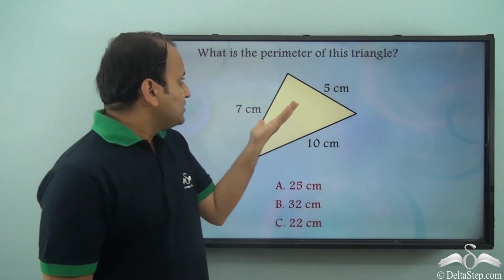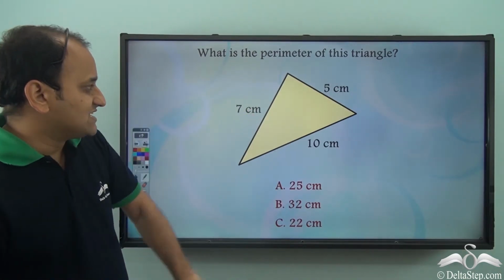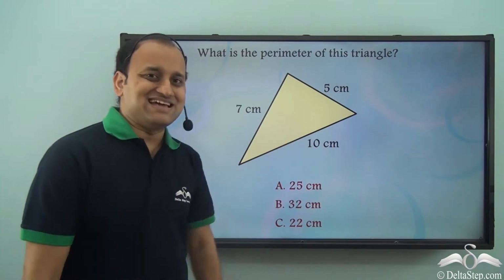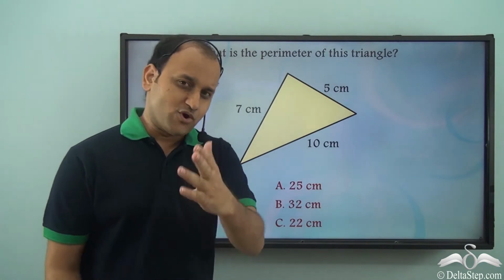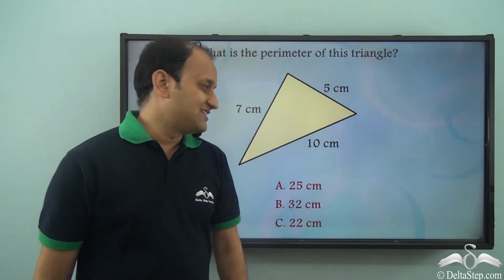Now can you tell me the perimeter of this particular triangle? So one side is 7 centimeter, the other is 5, and the third is 10 centimeters. So what will be the perimeter of this triangle? What do you think? Well, let's see.